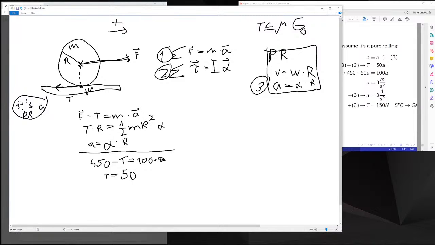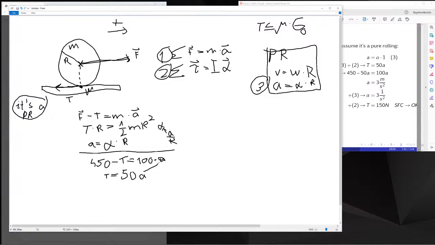And if we write here, instead of alpha, A over R, that will be 1 times A. That will be A.